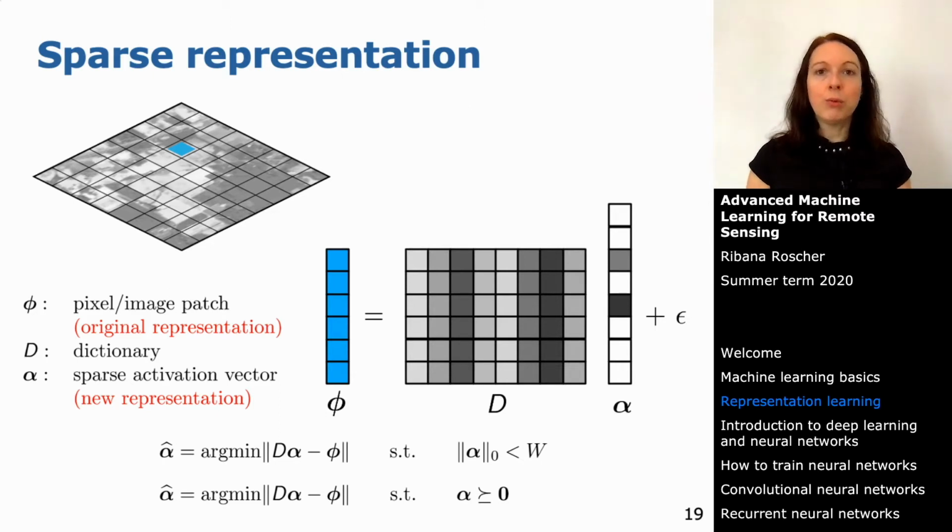So the L2 norm will not give you a sparse solution, but for example, if you restrict your alpha so that all elements need to be larger than zero, in many cases it happens that some of the elements are zero.